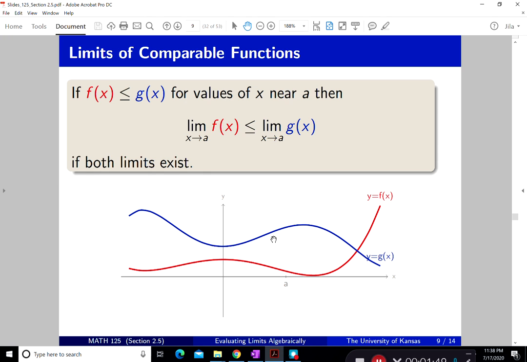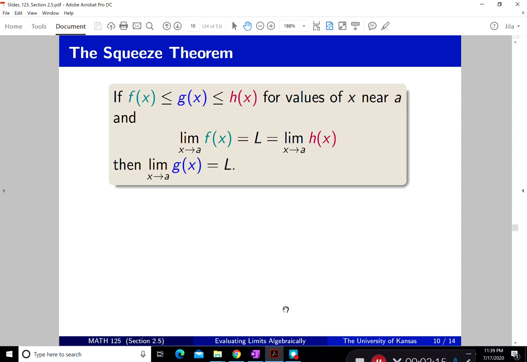And if you look at the limit of f of x as x approaches a, it's going to be right over here, and the limit of g of x as x approaches a is going to be right there, and that one is bigger than this one. So this is the discussion of near: you just choose some neighborhood around a and box everything, and in that neighborhood the inequality is correct.